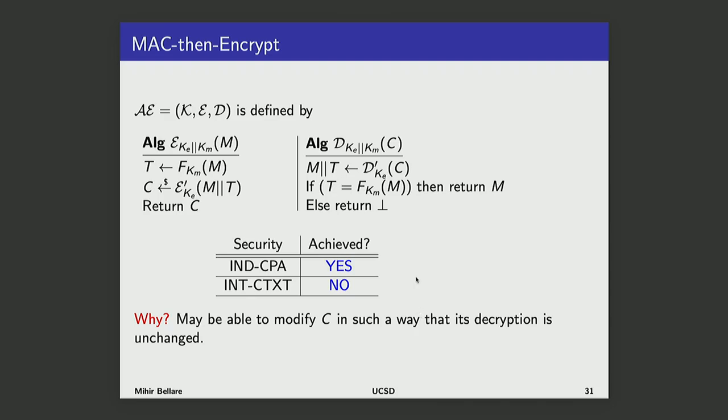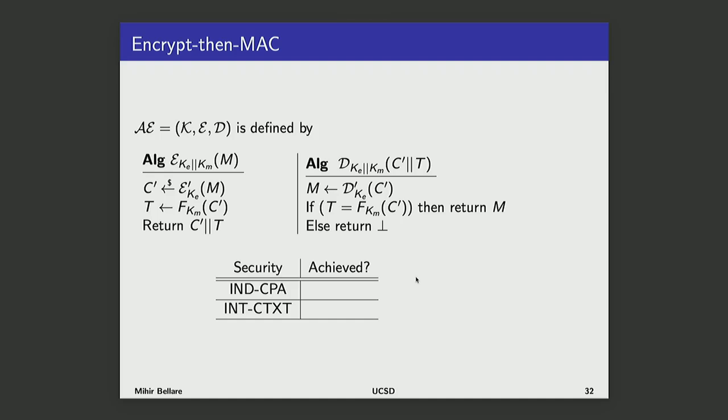Okay, but there's one more thing we could try, which is we could change the order in the other direction to first encrypt and then authenticate. So what that means is that in this case, I would go back actually to the first thing where I do encrypt just the message under the old scheme with the corresponding key, and I get this ciphertext.